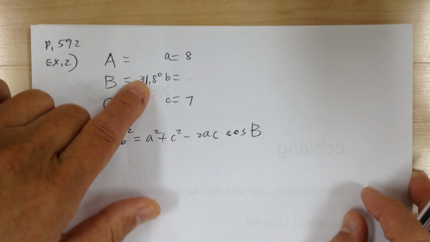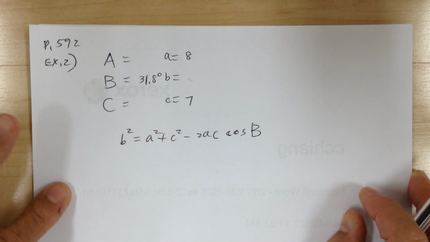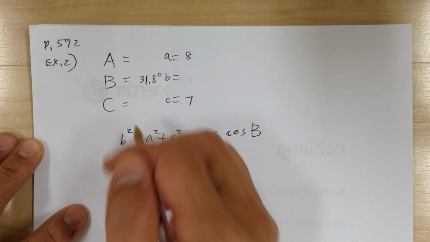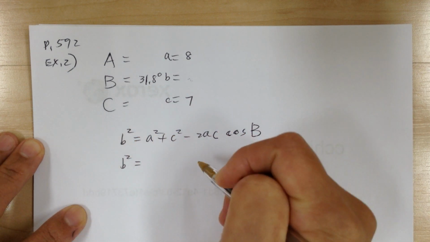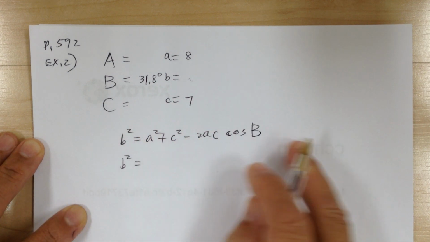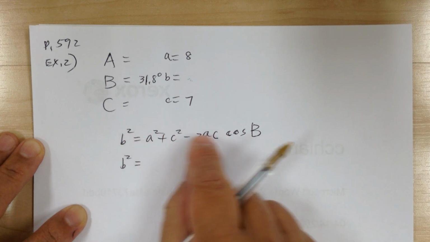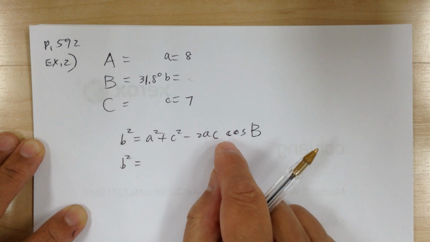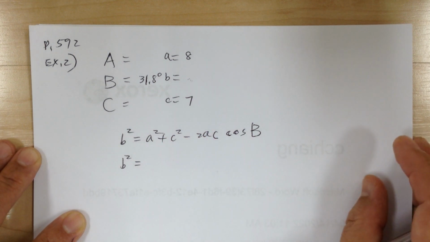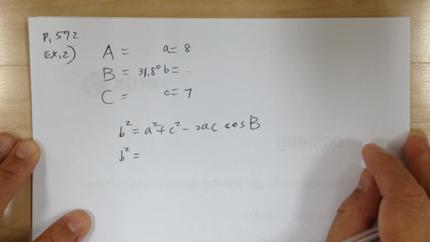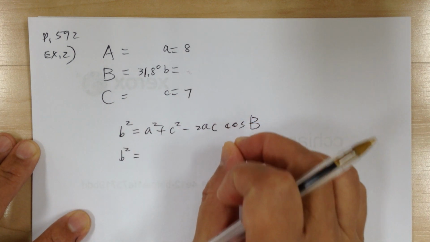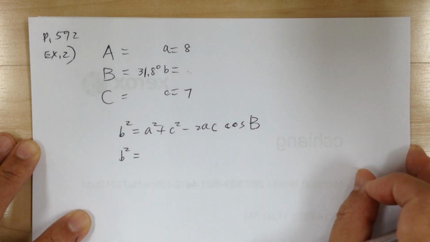So if angle B is given, you want to use the B. So substitute everything in there. Now what happens if you make a mistake and use the wrong one? Well, if you use the wrong one, you're going to see that you're missing a lot of information and you won't be able to do it. That's how you know right away if you're using the wrong version. When you try to substitute the numbers, you're going to find out that you're missing a lot of numbers.